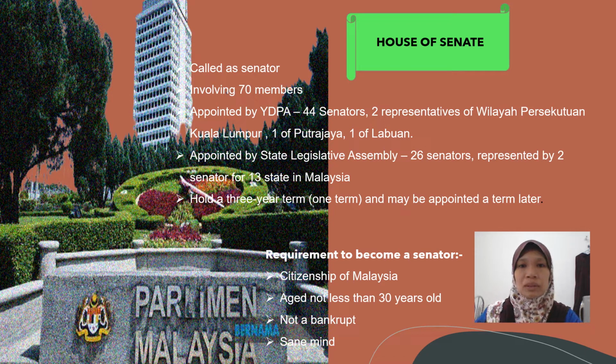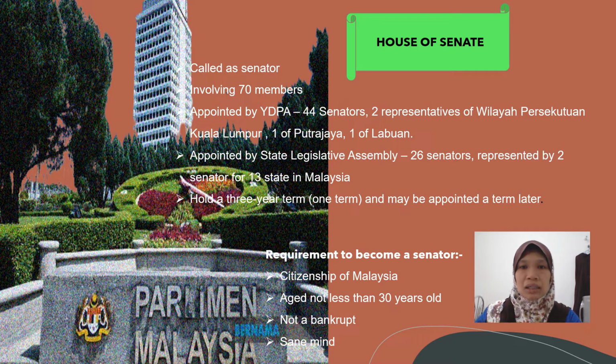To be eligible as a member, a person must be a citizen of Malaysia, must be not less than 30 years old, not be an undischarged bankrupt, and must be of sound mind. The tenure of office is a 3-year term for a maximum of 2 terms, applicable to both federal and state appointments. The dissolution of Parliament does not affect the life of the Senate.